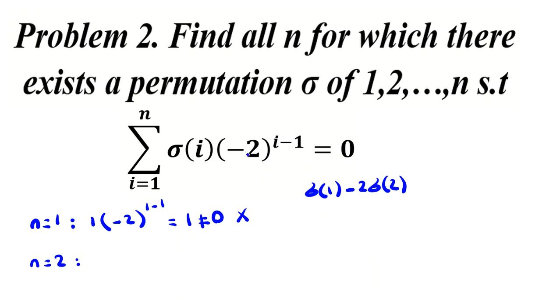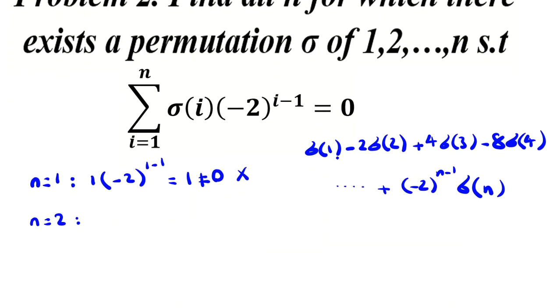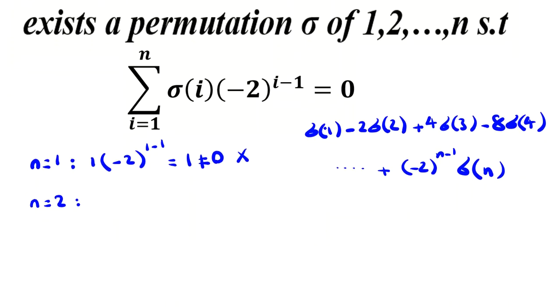For i=3, it will be plus 4 sigma 3, then minus 8 sigma 4, and in general (-2)^(n-1) sigma n. If I calculate for n=2, if I consider 1, 2, it is not 0. If I consider 2, 1, for this permutation we get 2 minus 2 times 1, which is 0.